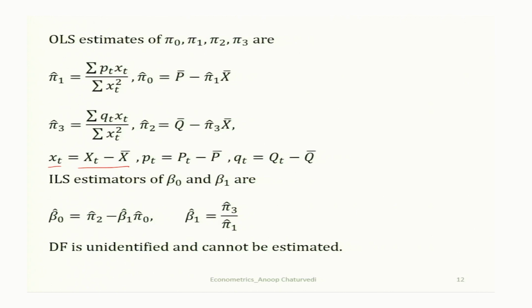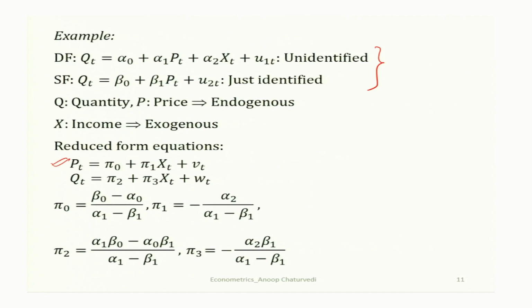Then obviously, the OLS estimator of pi 1, say pi 1 hat, we apply the OLS procedure to this equation. So, obviously, this is equal to summation small p_t small x_t upon summation small x_t square, and pi naught hat is equal to p bar minus pi 1 hat x bar.